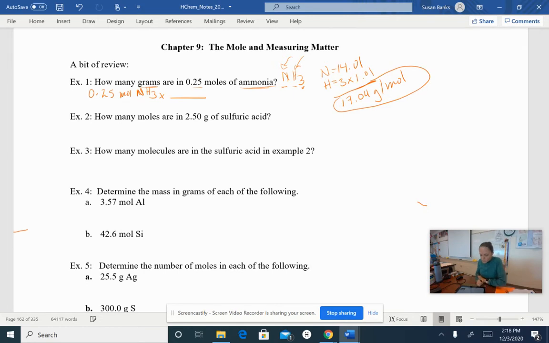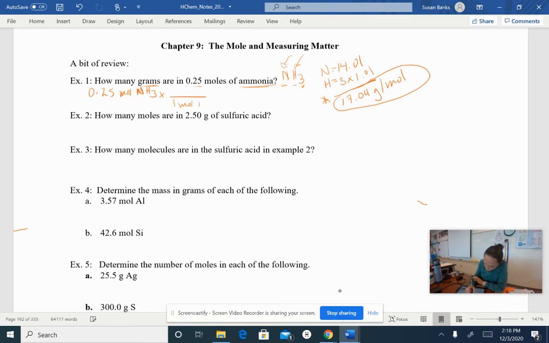And I want my moles to cancel out, so I'm going to put my moles part of this ratio that I created over here on the bottom. So in 1 mole of ammonia, I have 17.04 grams of ammonia.